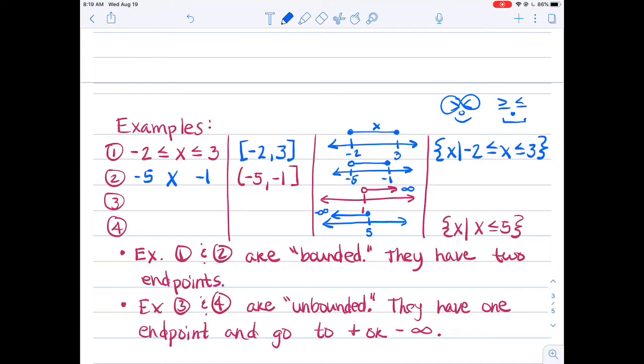I have a parentheses on the left. So my symbol on the left needs to just be a less than. I have a bracket on the right, so that's going to be a less than or equal to. Once we've done that, again, our set notation becomes easy. Just copy our inequality notation.